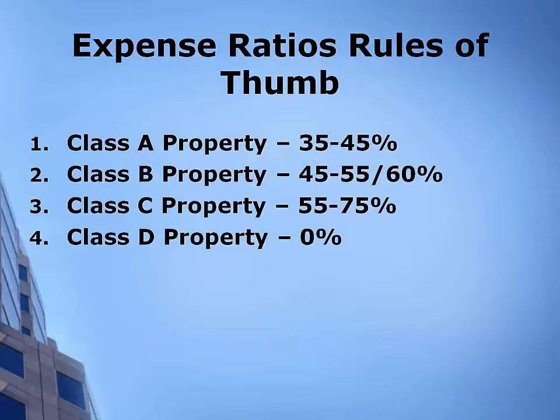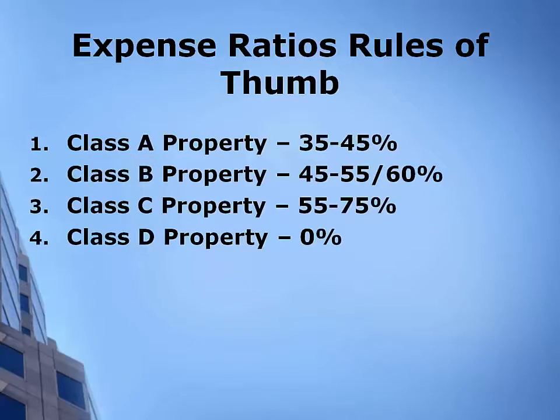Essentially, you're dealing with a bombed out shell, a non-performing asset, a full gut rehab repositioning, and so expense ratios are meaningless with a Class D property. You're going in there with your tool belt and your rehab fund, and you're going to turn that property around. So therefore, there is no expense ratio for a Class D property.